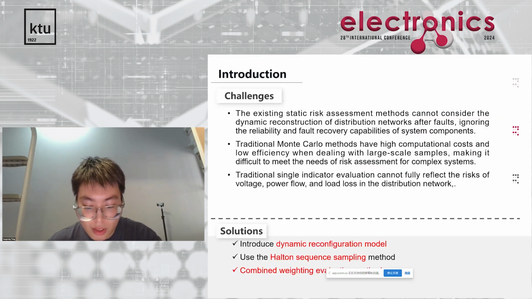In the above context, the risk assessment of distribution networks will face the following three major challenges.